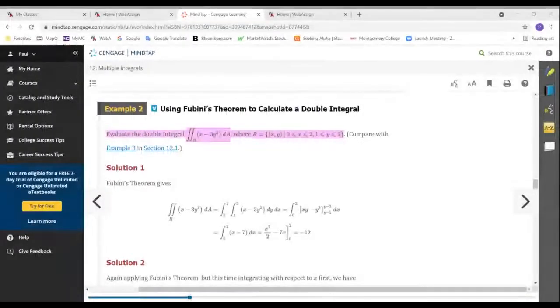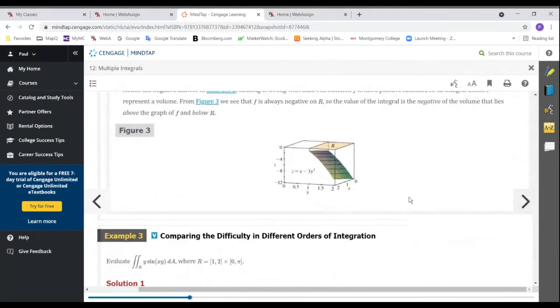Geometrically, that integral is represented by this picture, where our surface is x minus 3y squared, and it's entirely below the xy plane. So I ask, is the volume going to be positive or negative in this problem?